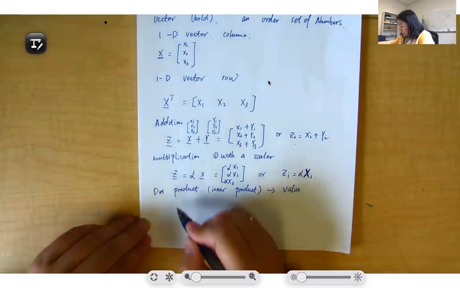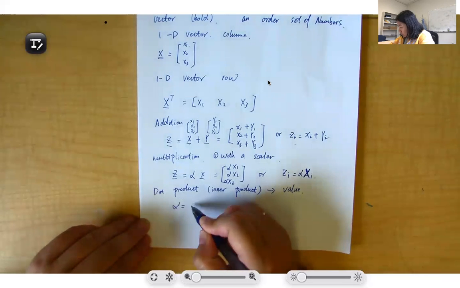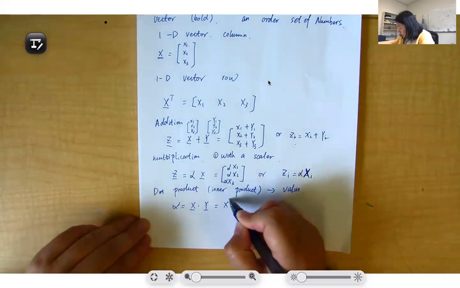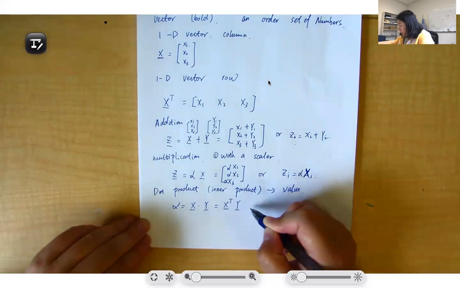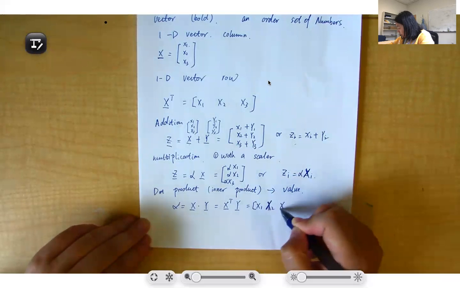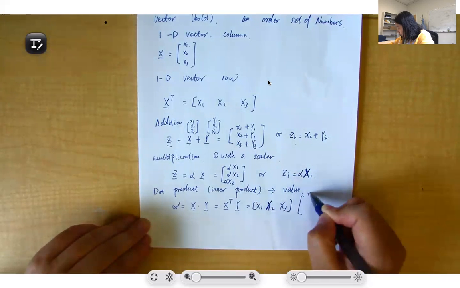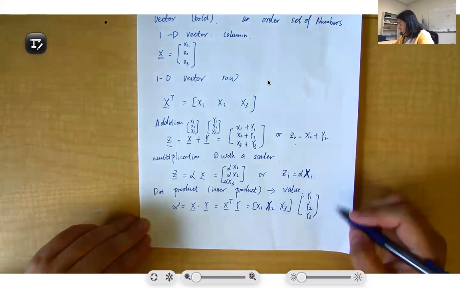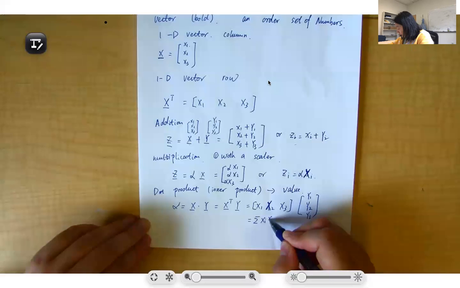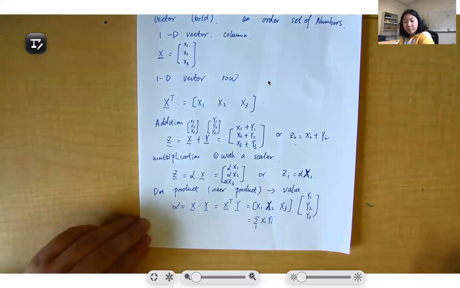So alpha equals x dot y, or you can also write x transpose y. That is equal to x1, x2, x3 times y1, y2, y3, and the final product will be the sum of xi yi. Okay, that is the inner product.